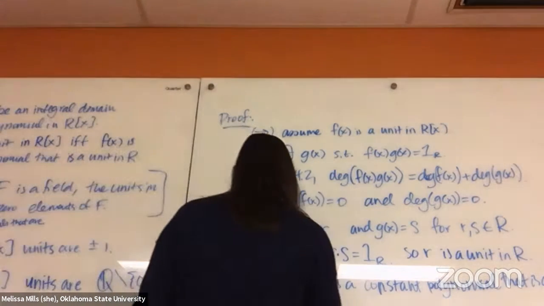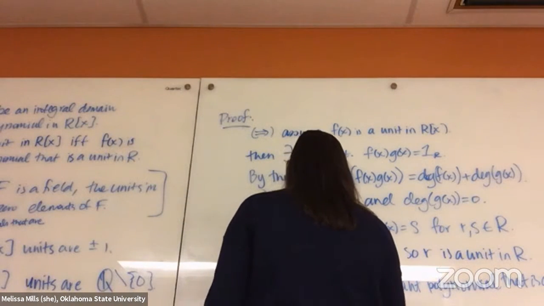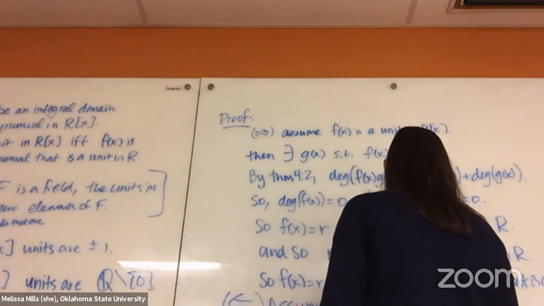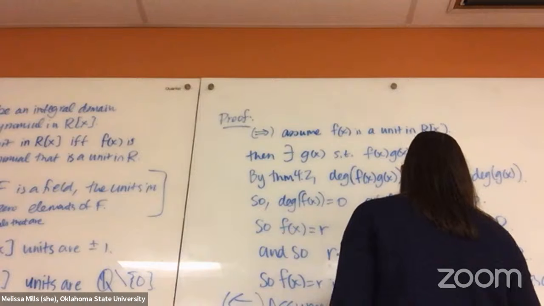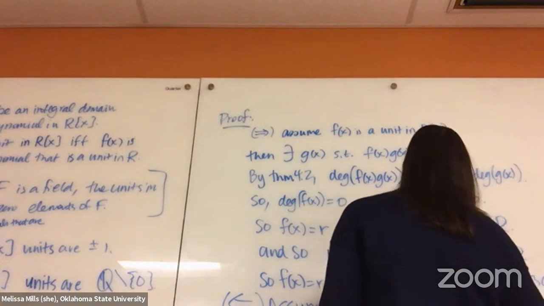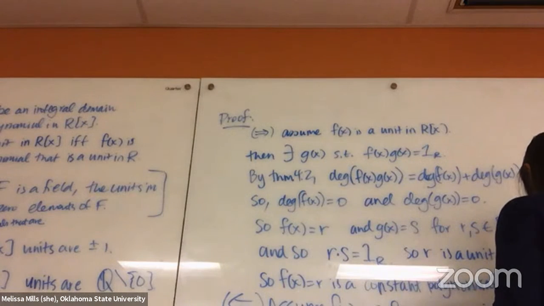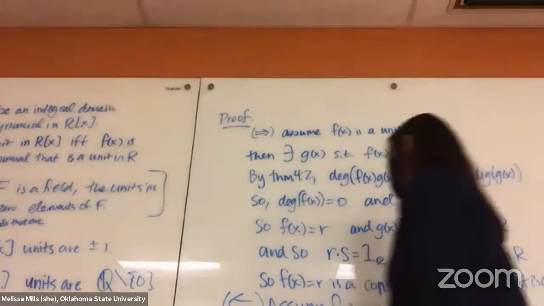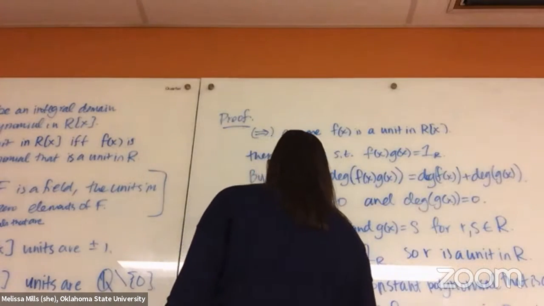So assume that f of x equals r for r a unit in R. Then there exists some s in R such that r times s equals 1R.